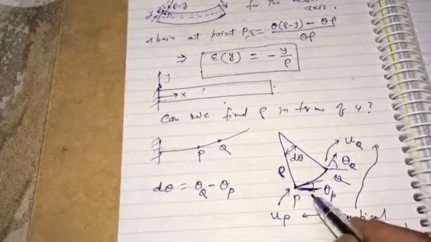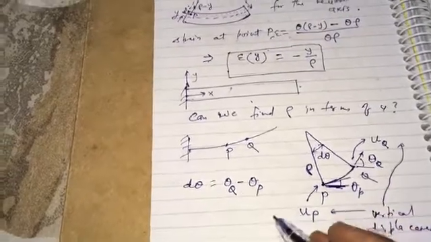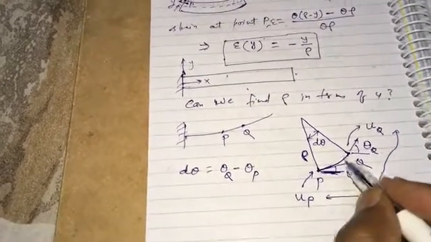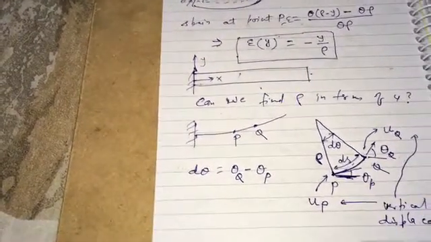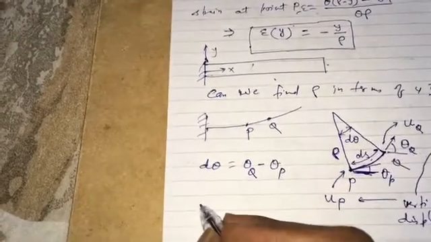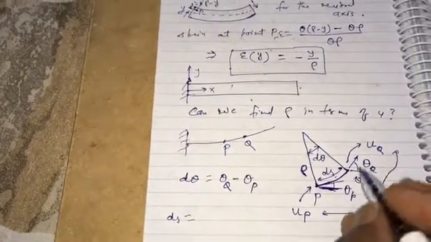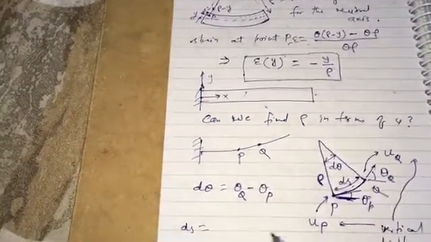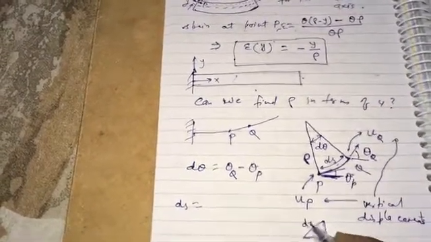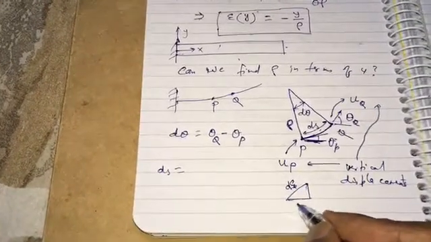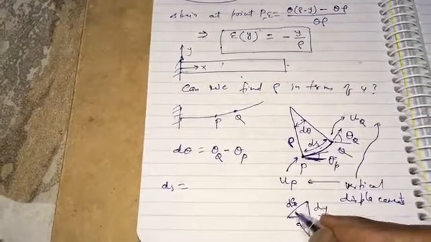What we know right now is, from here to here, let us call it ds. Since ds is very small, this is dx, this is dy, and this is what the theta will be.